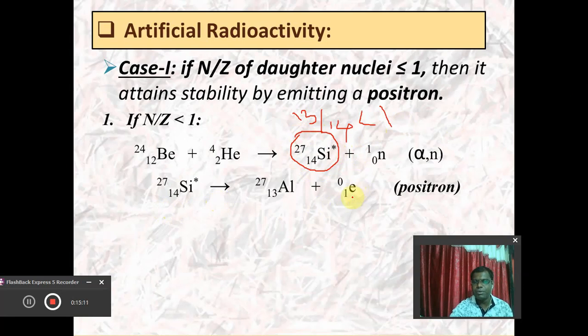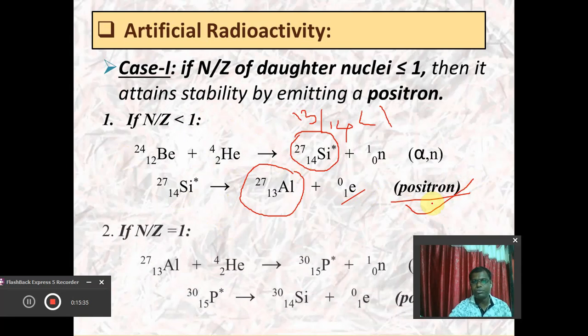That particle is called the positron, and it gets converted into another stable element, aluminum-27. So whenever the N by Z ratio of any recoil nucleus is less than 1, it always emits positrons spontaneously.